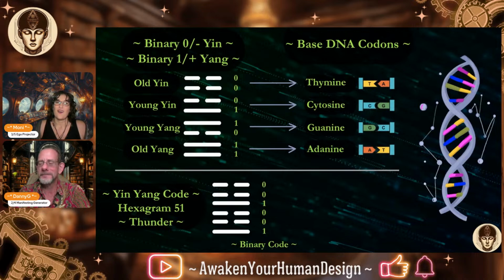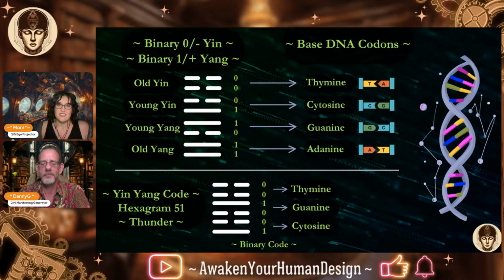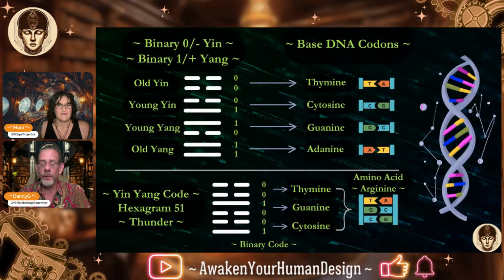Absolutely. And then finally, we're going to go into the genetic code on that nucleotide aspect. So 00 is thymine, 1/0 is guanine, and 0/1 is cytosine, which altogether is the amino acid for arginine. And there's 64. Are there 64?